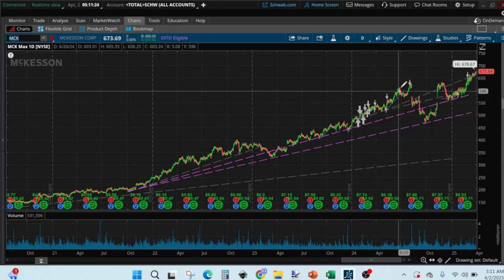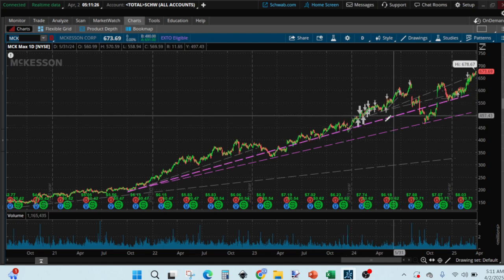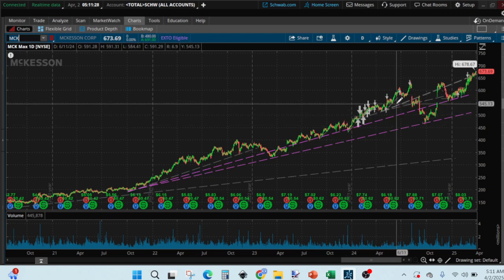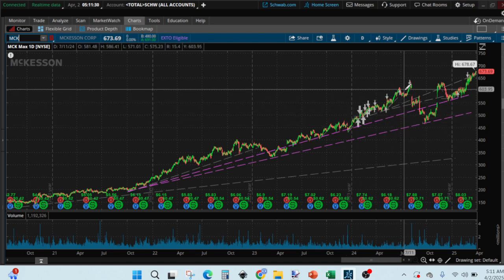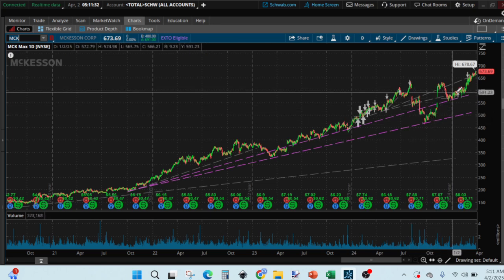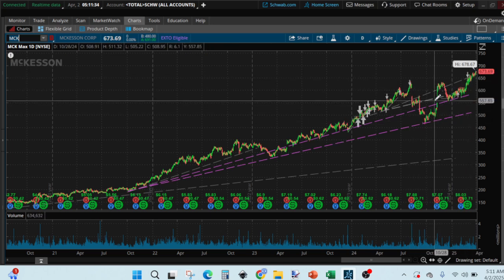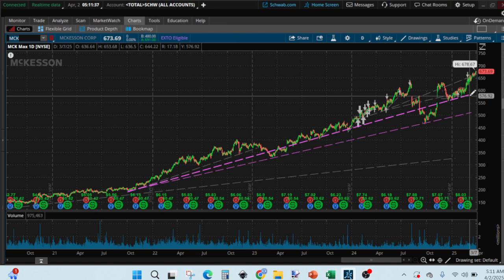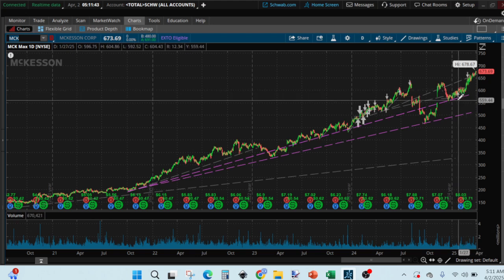When it's climbing the mountain up, it tends to rise on that midpoint line, and this is the valley. So it could have some way to go, but we sold it, so we'll wait to buy it again on this trend line.